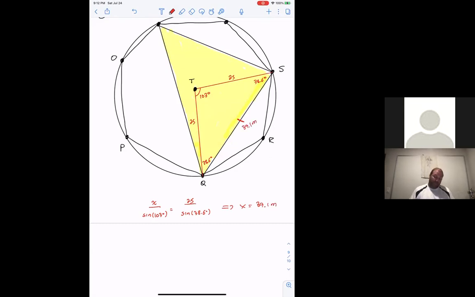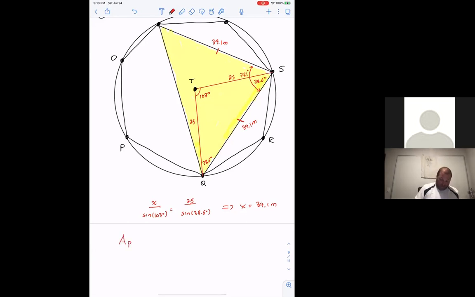39.1 meters. Okay, so now we have two sides, because this is also 39.1 meters. We have two sides of the big triangle, and this angle here by symmetry is twice 38.5 degrees. This is 77.1 degrees.